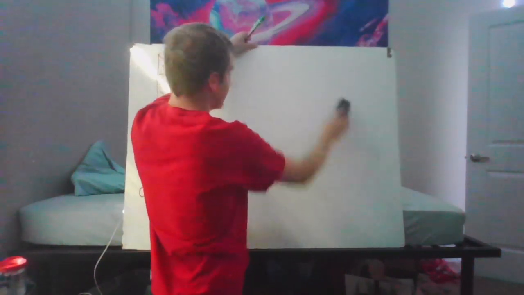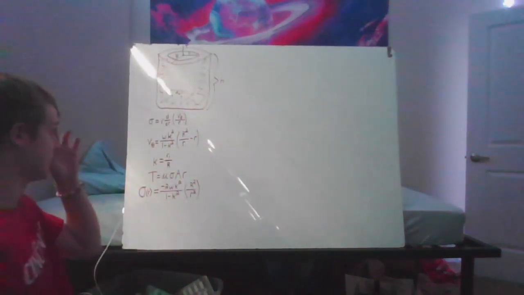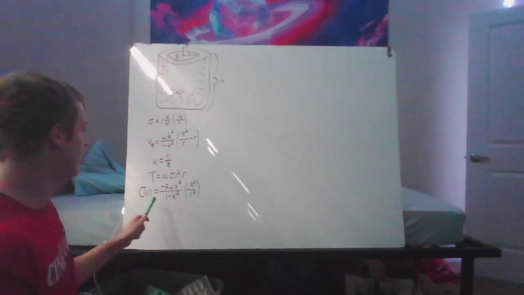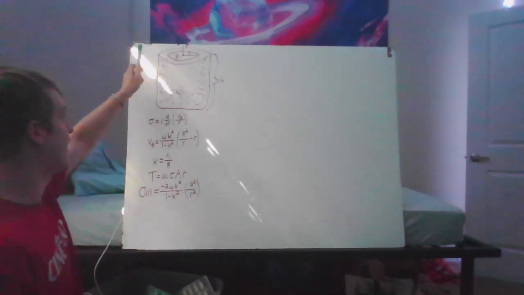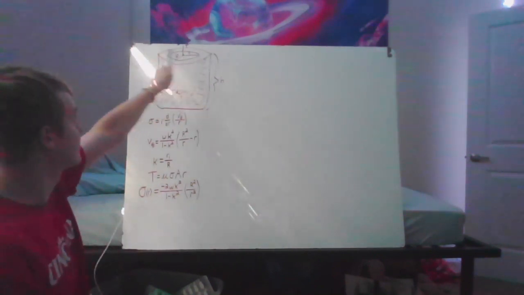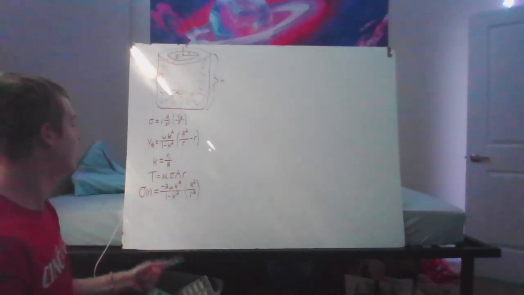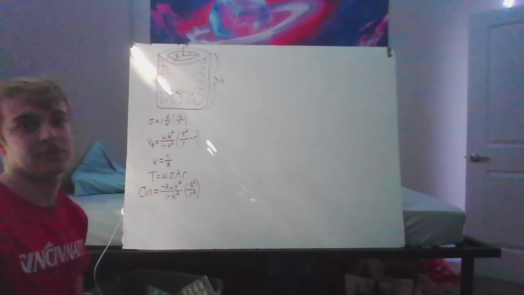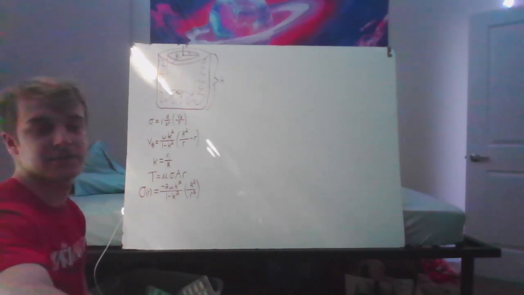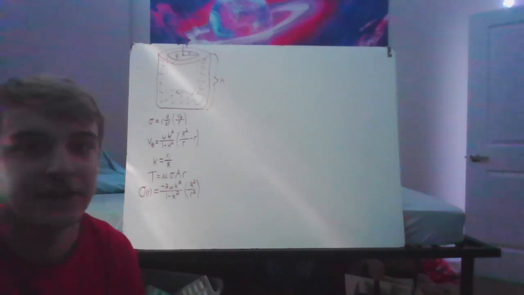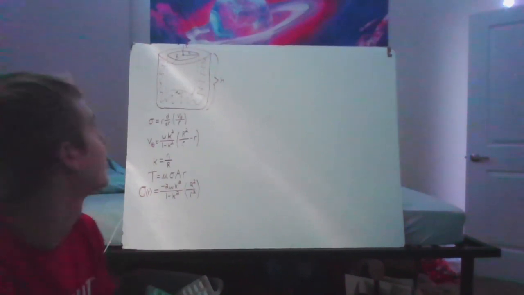And now finally, all we are going to have to do is just plug in this equation for each of our outer cylinder radius and inner cylinder radius and solve for the torque and see if they are equal to each other. So first we're going to solve for the torque on the inner cylinder from the motor up there.